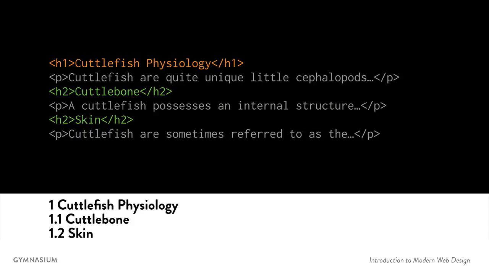Here's a quick example of an H1 followed by two H2s, and you'll notice in the outline at the bottom that Cuttlefish Physiology is the overarching headline, and Cuttlebone and Skin are nested underneath it. That's how the outlining algorithm works. If you're interested in seeing the outlining algorithm, you can use the Web Developer Toolbar, which is an extension for Chrome and Firefox.